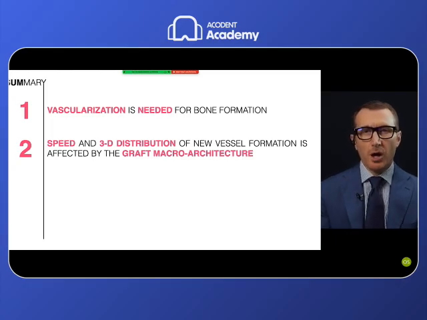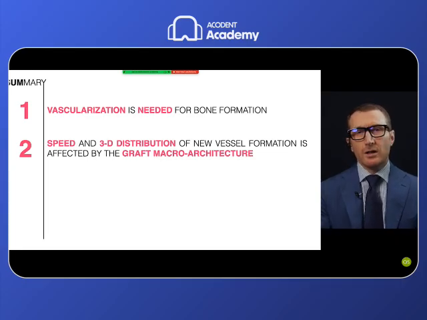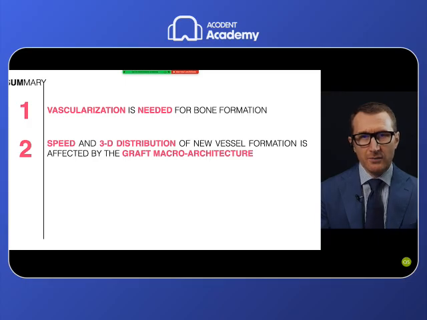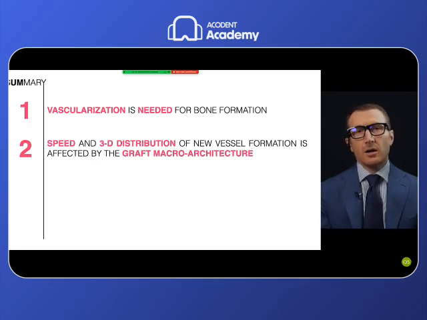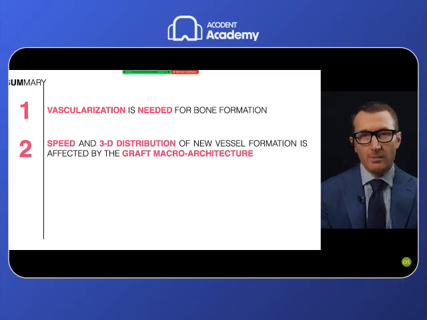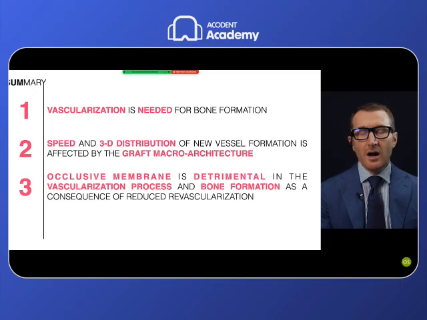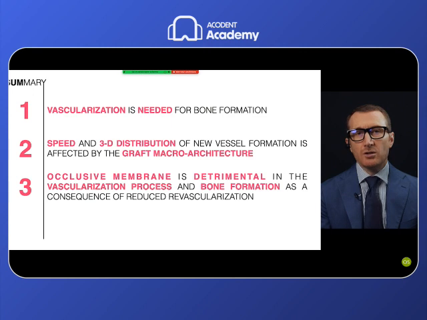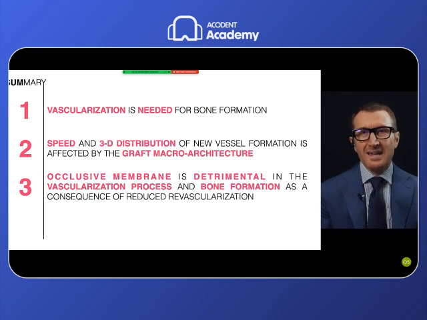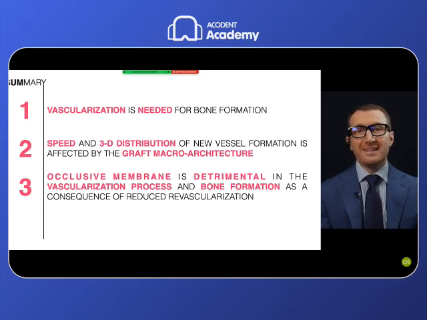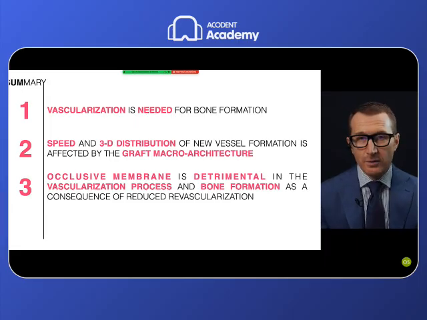instead of a block graft, because if you are using a cortical bone block graft of any origin, even if autogenous, we are not generating the perfect environment for new blood vessels penetration. Obviously, using an occlusive membrane may completely generate a physical barrier for the vascular support from the soft tissue, or may delay it.